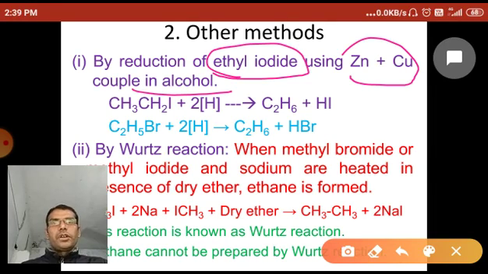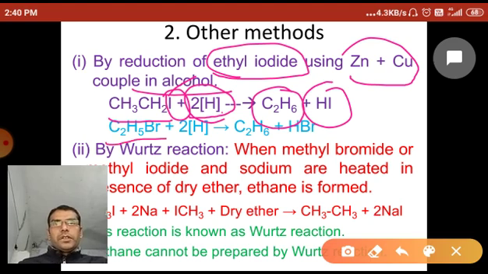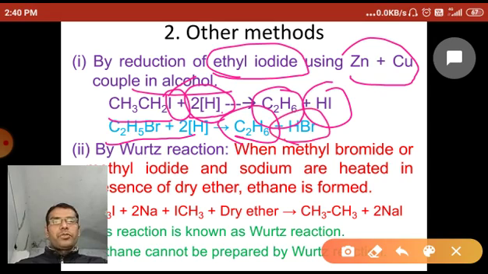So the zinc copper couple provides hydrogen, and that hydrogen combines with the ethyl iodide, the iodine is replaced from the ethyl iodide, and ethane forms, and hydrogen iodide is released as a byproduct. We can also use ethyl bromide. Ethyl bromide also produces ethane gas, with HBr, hydrogen bromide, as a byproduct.